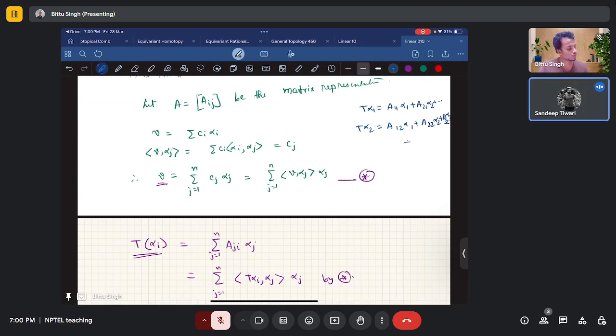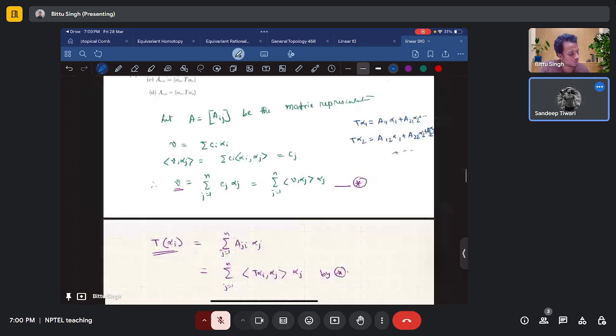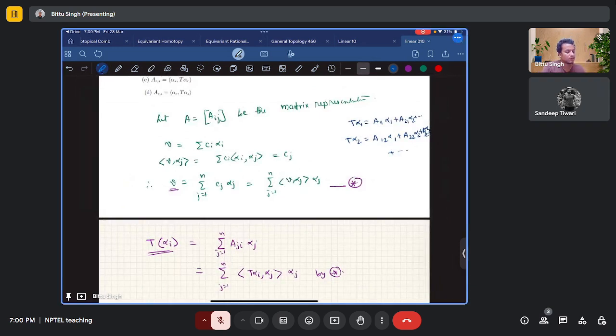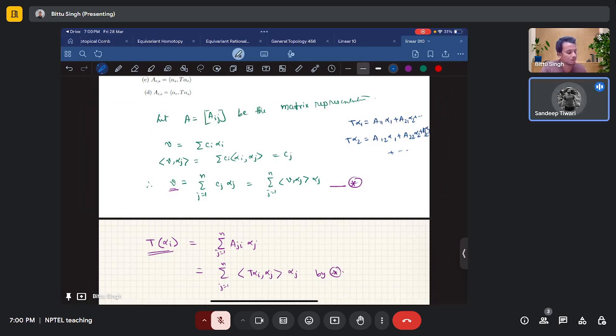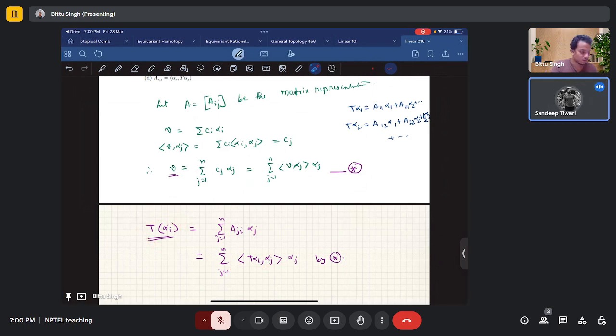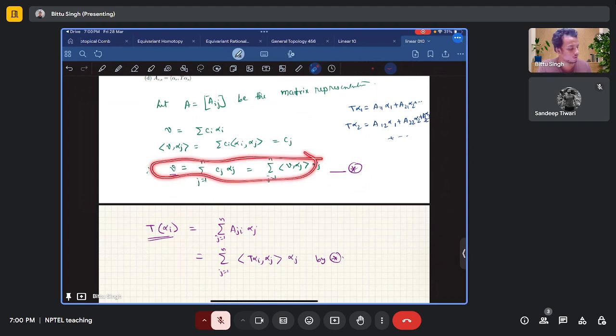Yes, sir. Sir, why can we not write directly T of alpha? Why do we need V? First we define V, then we write this. Yes, we can just start with this step actually. T of alpha i can be written as this. I started with something not wrong, but the same technique will be used here.